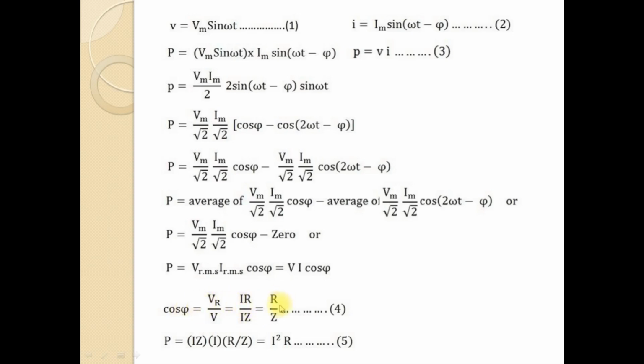So you get power factor cos phi is equal to R by Z. Now if you substitute for V and I and cos phi from these relations, you get P is equal to IZ into I into R by Z, which is equal to I square R. You can see that the power consumed in an RL circuit is dissipated as heat in the resistor, which is given by I square R. If I is the current flowing through the resistance R, the power dissipated is given by I square R. So all the power dissipated in the series RL circuit is dissipated as heat in the resistor.